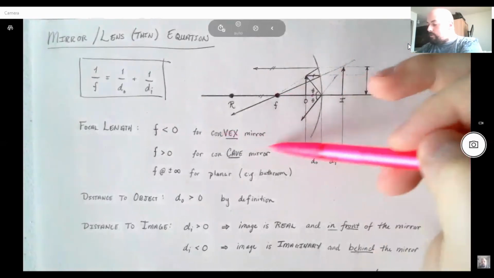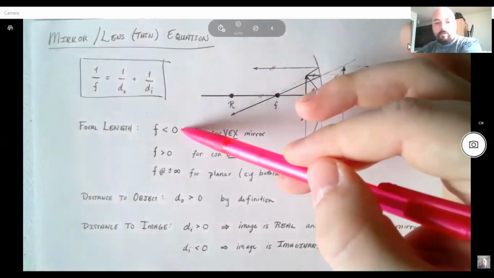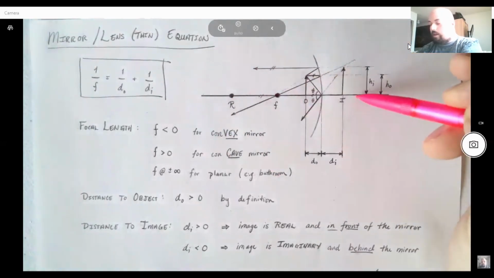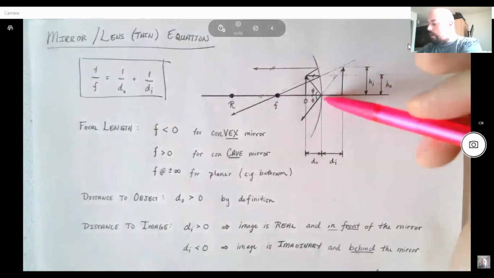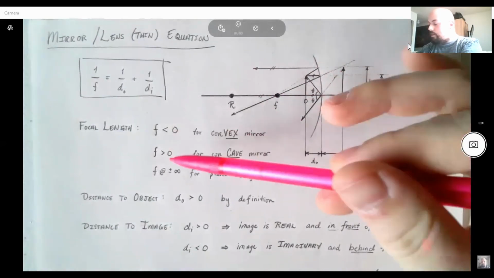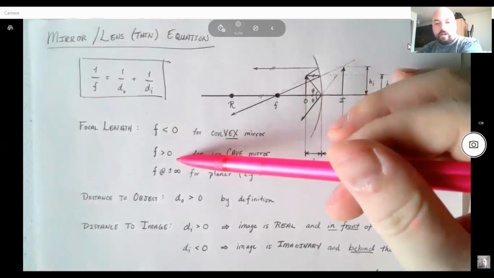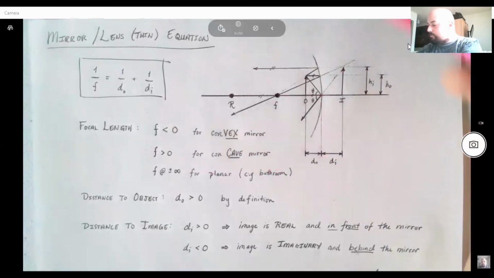A convex mirror has a negative focal length. That would mean that the focal point would be behind the mirror and not in front. In our example, we're working with a concave mirror, and that will, by definition, have a positive focal length.